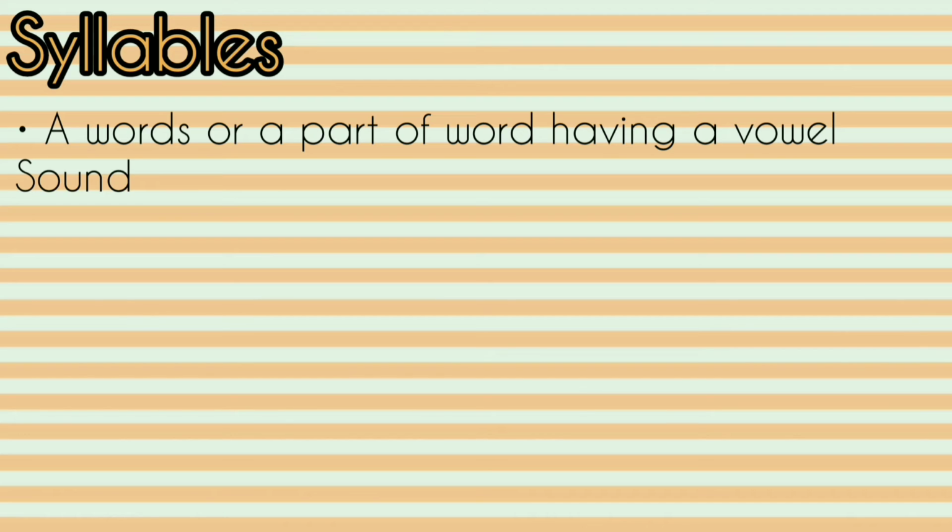So, let us first learn what a syllable is. Basically, syllables are single words or a part of a word that has a vowel sound in it. And that vowel can either be surrounded by a consonant or not.